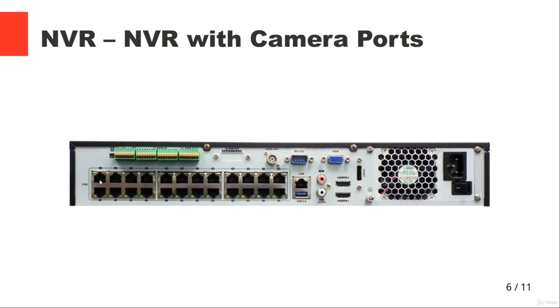So when you're connecting and setting up, and you're connecting your camera to one of those ports, you have to know which port is which channel to set it up properly inside the DVR. Those channels are numbered, same as those ports. Here is your LAN cable for the office network.